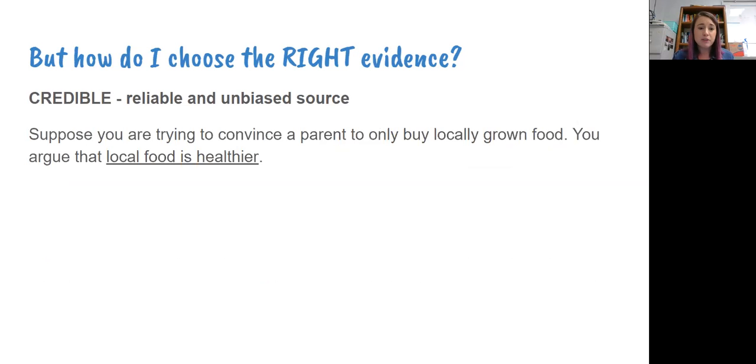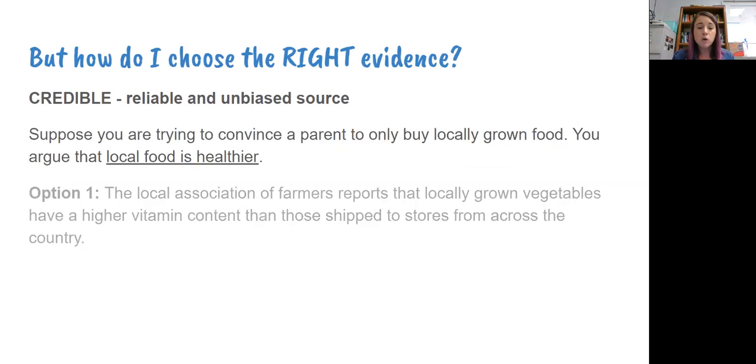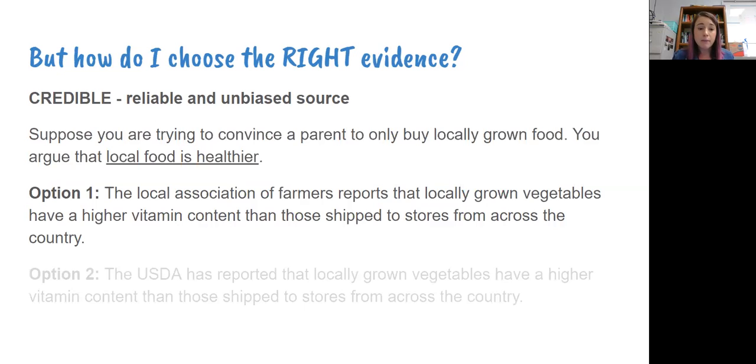Okay, so we've talked about this argument before, arguing that local food is healthier. So option one, I might have a local association of farmers come in and they might share with us that there's a higher vitamin content in their locally grown vegetables than there are in the ones that are shipped to the store. And they might be right about that.